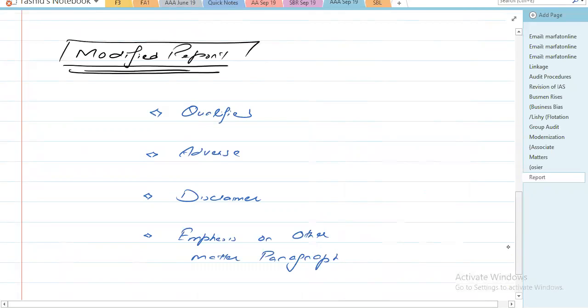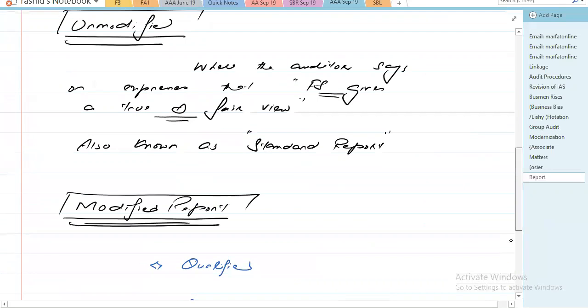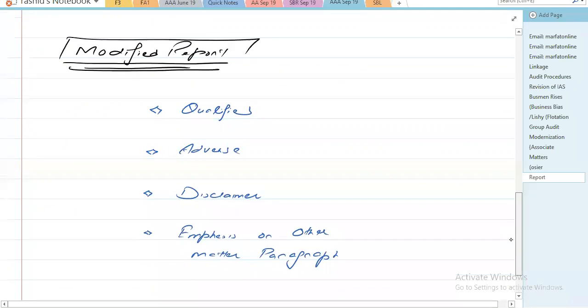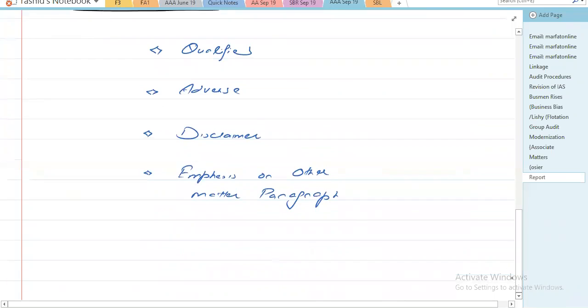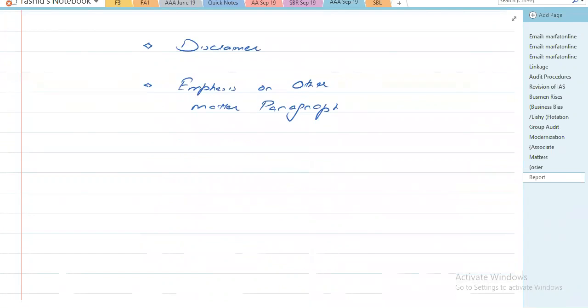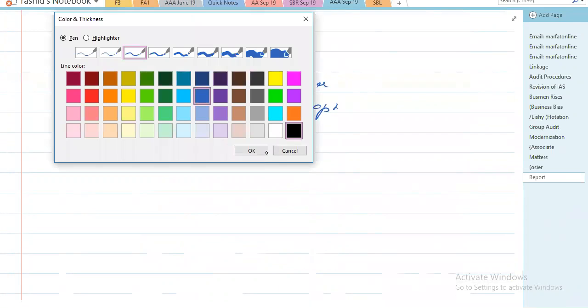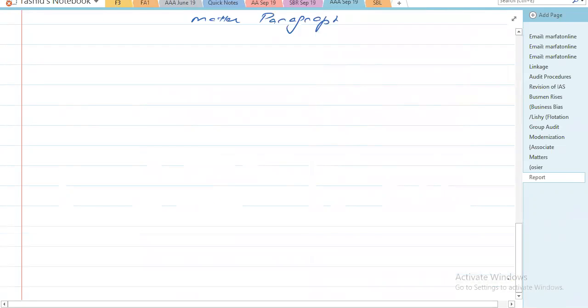Now, before describing these, that qualified, adverse, disclaimer, and emphasis or other matter paragraph, let me distinguish between two other broad terms. Let me introduce you to other broad terms.